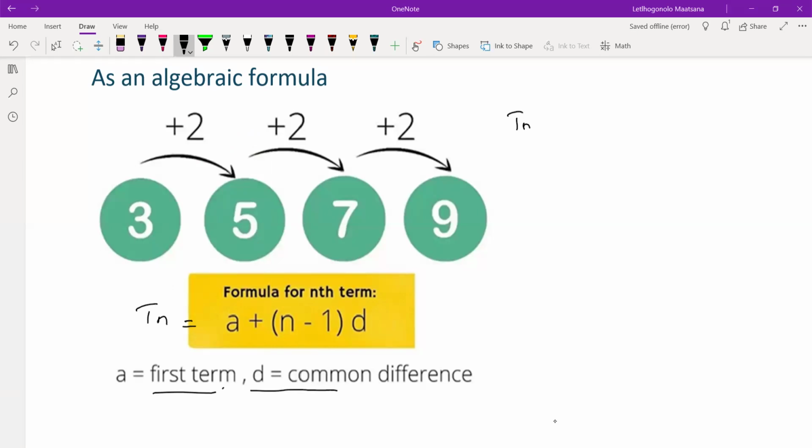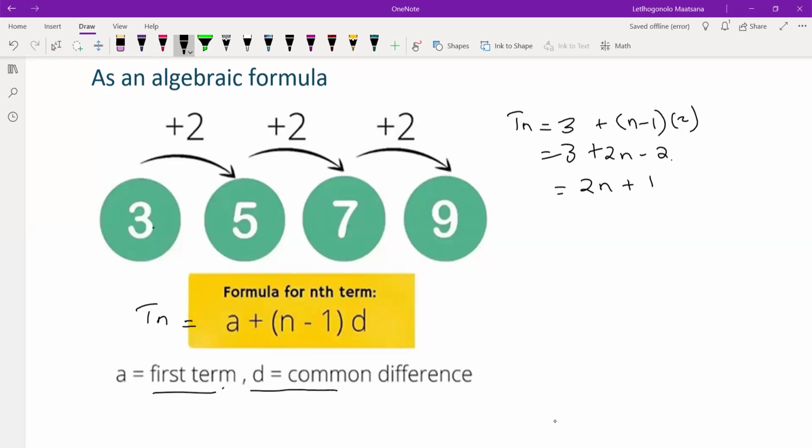So we'll say Tn is equal to a, which is 3, plus n minus 1 and the difference of 2. We'll go ahead and multiply out with the 2. We'll get 2n minus 2, giving us a final formula of 2n plus 1.